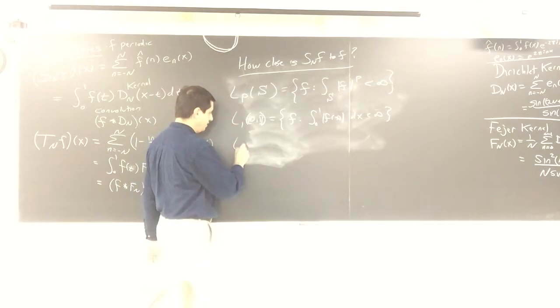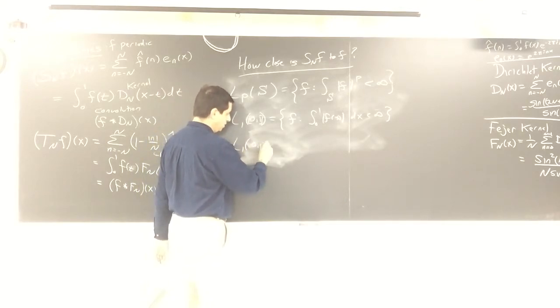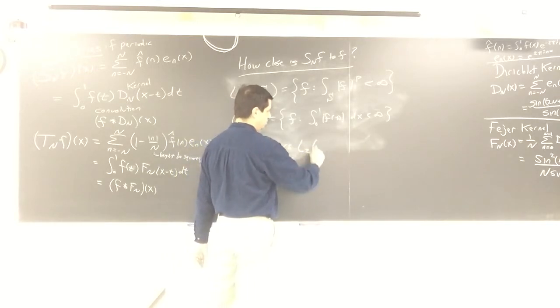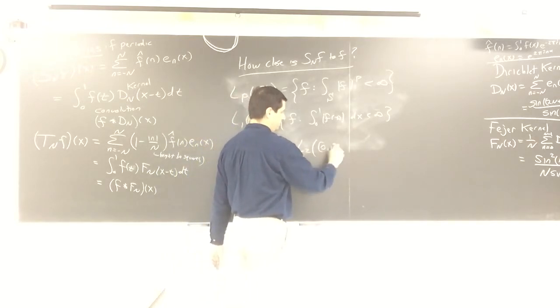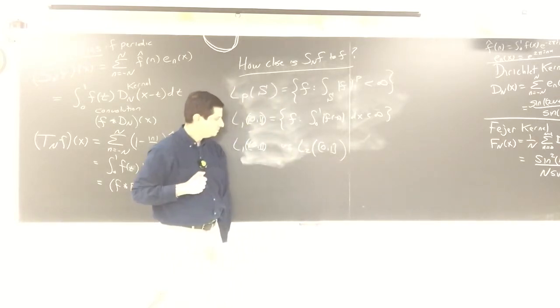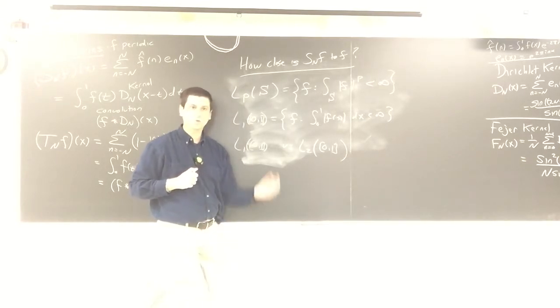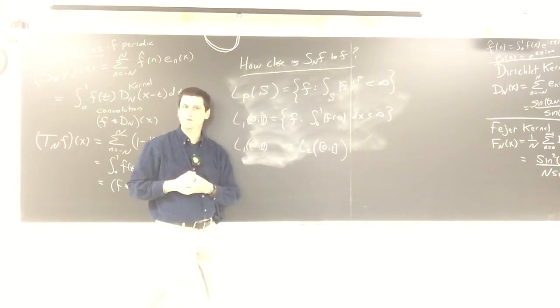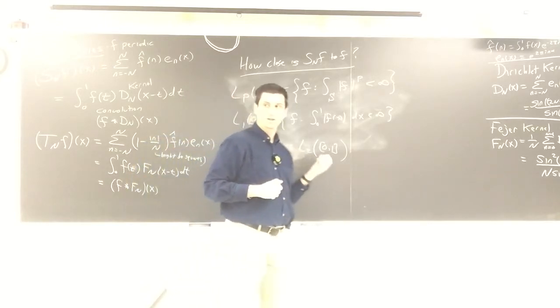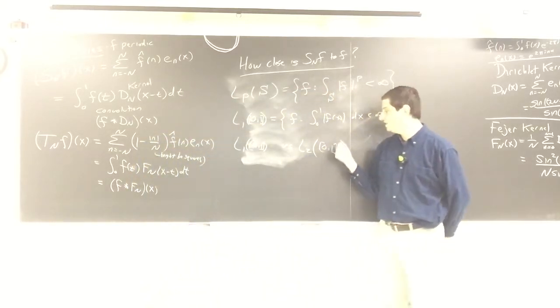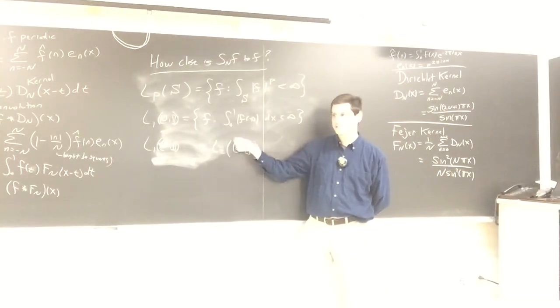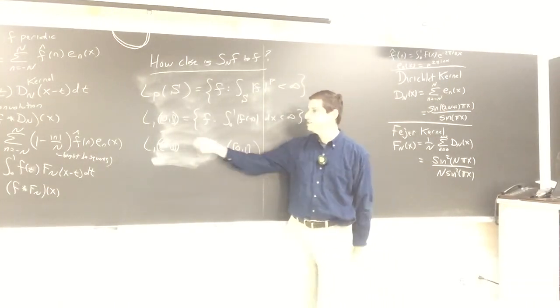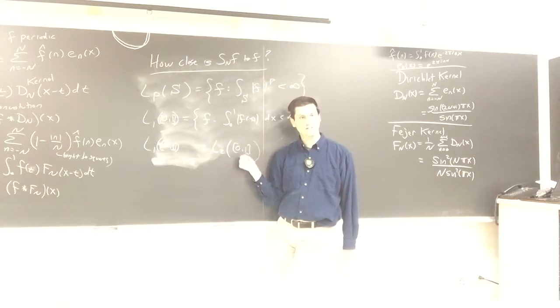Let's have L1 of [0, 1] versus L2 of [0, 1]. Do you think one of them is included in the other, and if so, which way? So if I tell you the function is integrable, is it square integrable? If I tell you it's square integrable, is it integrable? Or maybe there are some things in L1 that aren't in L2, and there are some things in L2 that are not in L1.